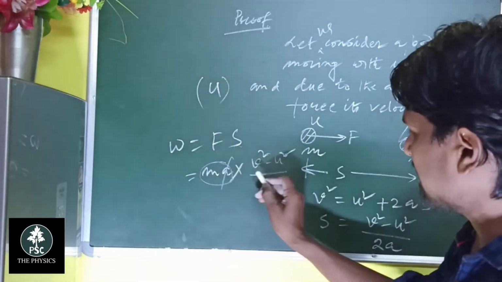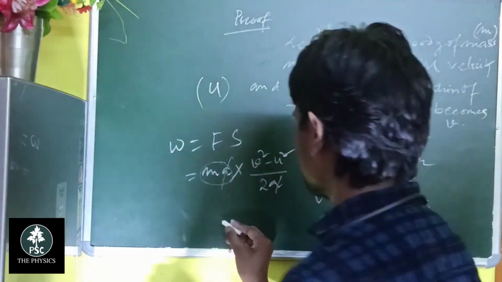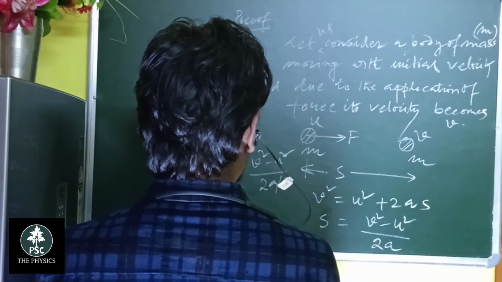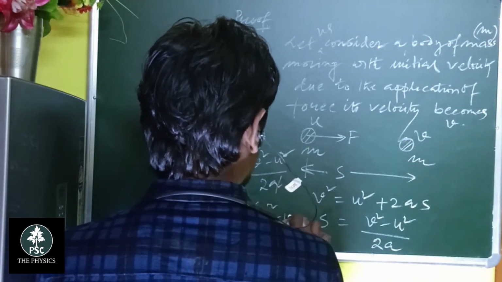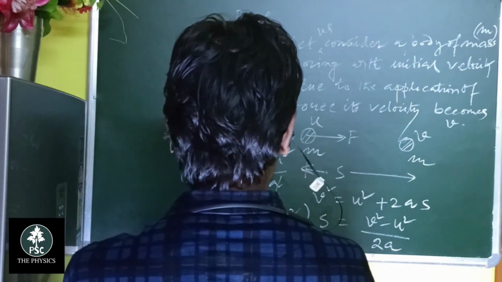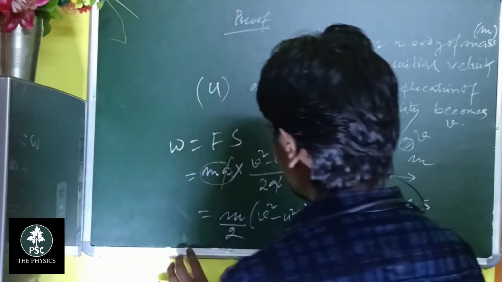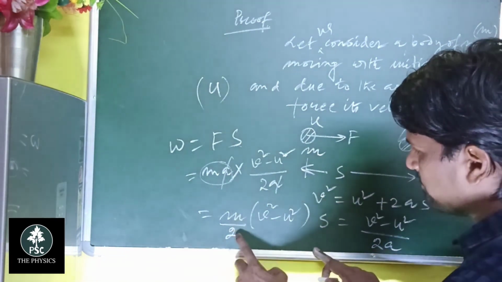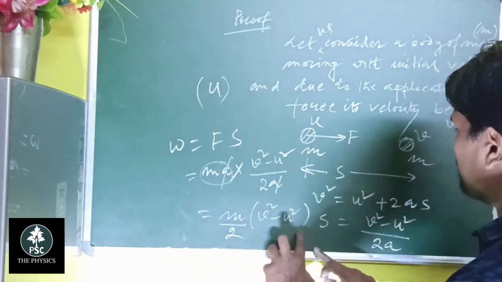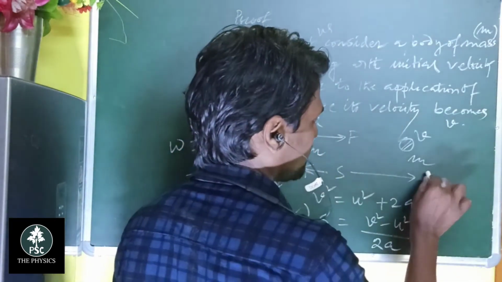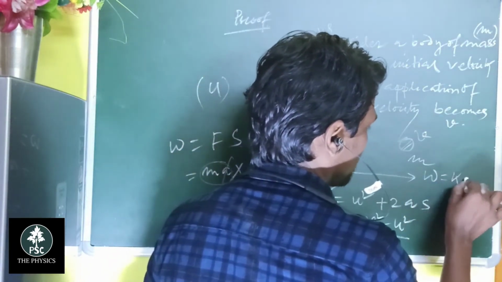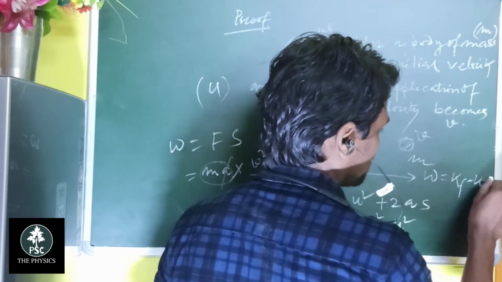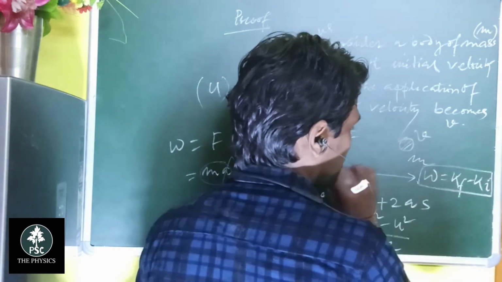So a and a cancel, and you can write m into v square minus u square, divided by 2. So half m v square minus half m u square, and you can write that work done equals kinetic energy final minus kinetic energy initial. So this is proved.